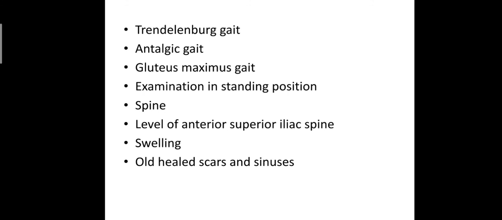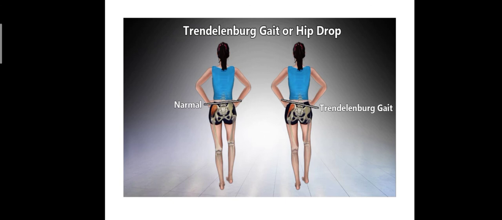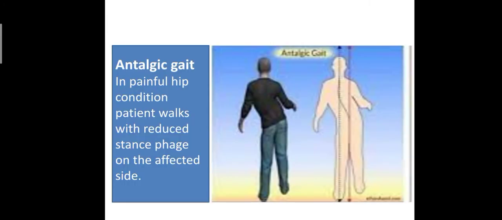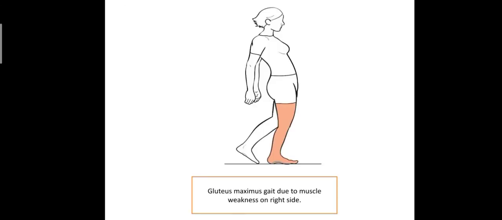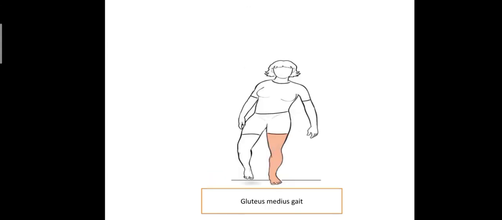In the next slide, this is Trendelenburg gait or hip drop. Next is entalgic gait. In a painful hip condition, the patient walks with reduced stance phase on the affected side, which indicates entalgic gait. Next is the gluteus maximus gait due to muscle weakness on the right side. This is gluteus medius gait.